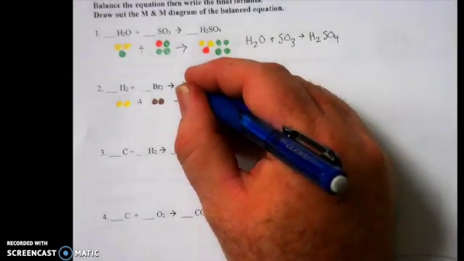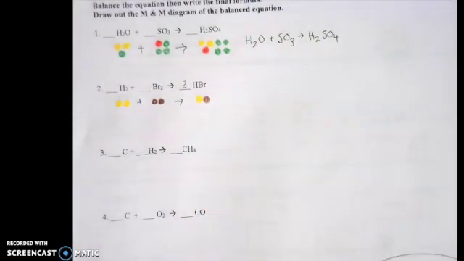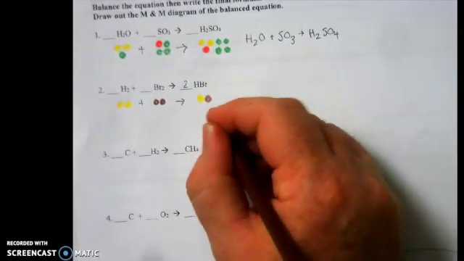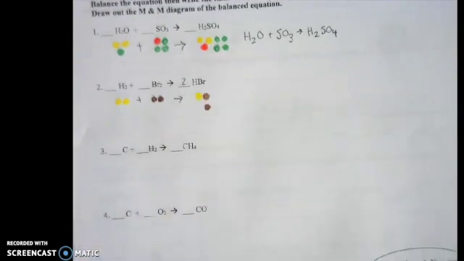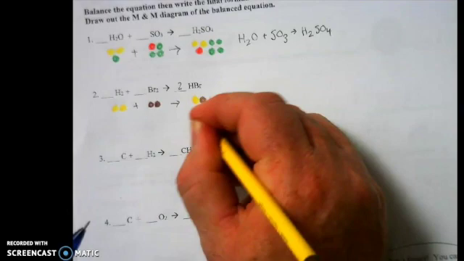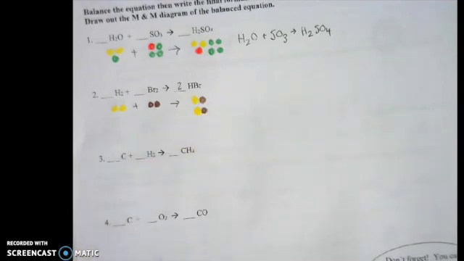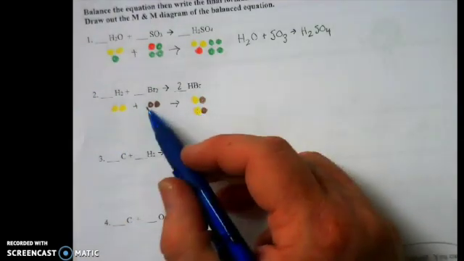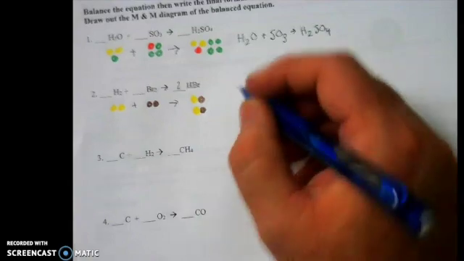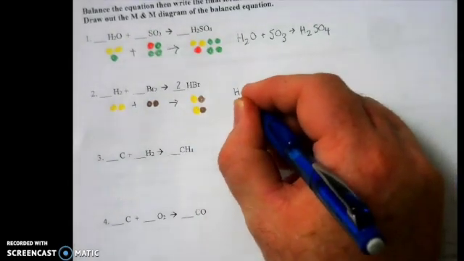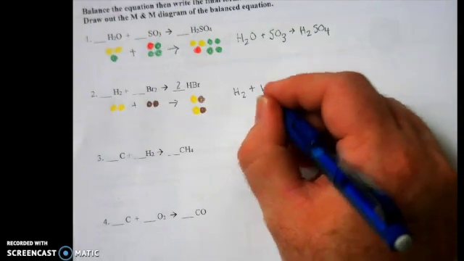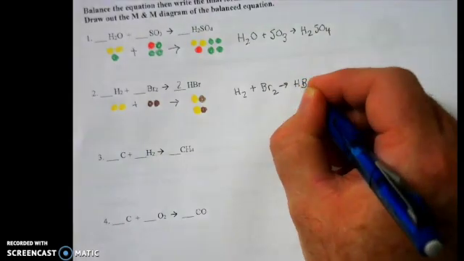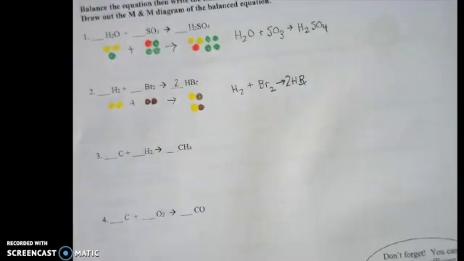So in order to get 2 bromines on the right, we're going to put a coefficient of 2. And if we're adding a bromine, we have to add a hydrogen with it because we can only add full molecules. But now that helps us out all together. We've got 1, 2 hydrogens on the left, 1, 2 on the right, 2 bromines, 2 bromines. We're good to go. So our balanced equation, H2 plus Br2 yields 2 HBr.